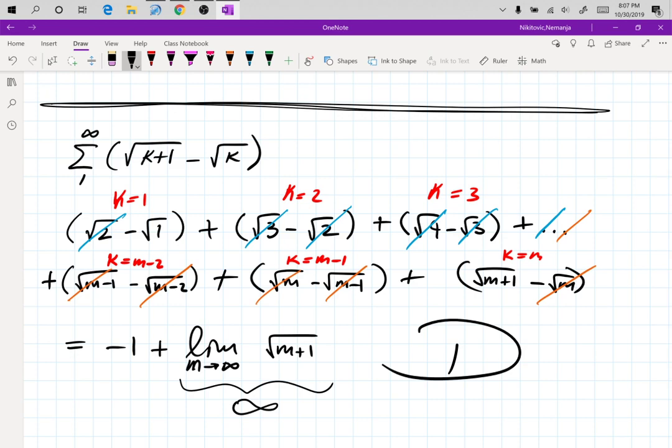None of them tell you the sum, other than these 2. So we will have 2 tests where we can know what the series converges to, and that's geometric and telescoping. Those are the 2 special tests. The only 2 tests that can tell you what the series adds up to if it converges.